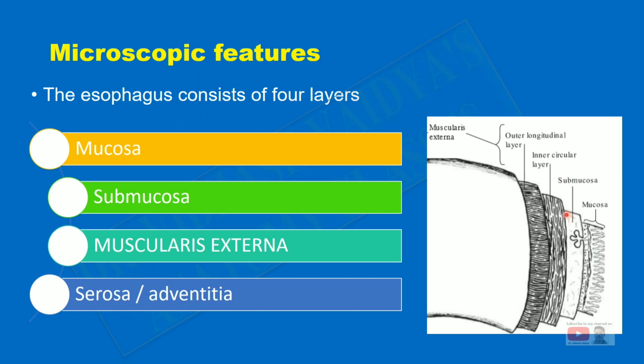After that we have a submucosa, then muscularis externa, and this muscularis externa is made of inner circular and outer longitudinal, and the most exterior, that is the 4th layer, is known as the serosa or adventitia. So students, one by one we are going to discuss these different layers of the esophagus.